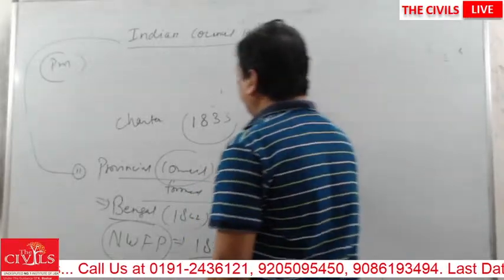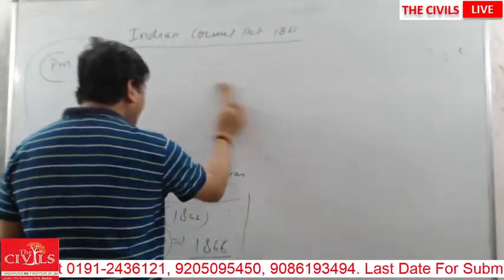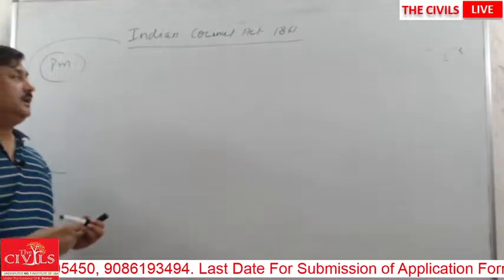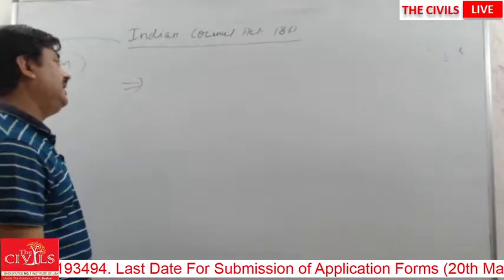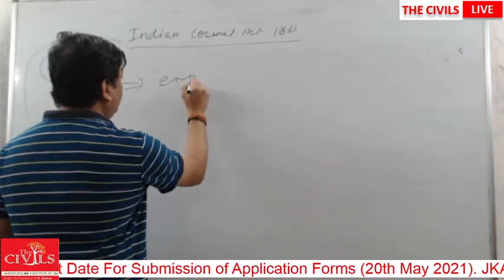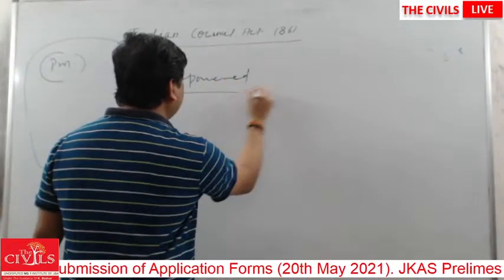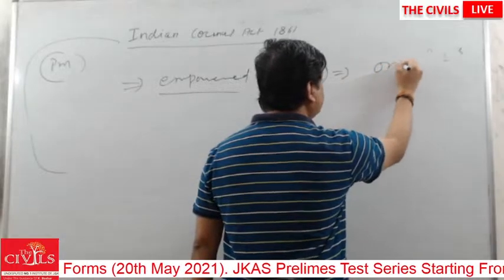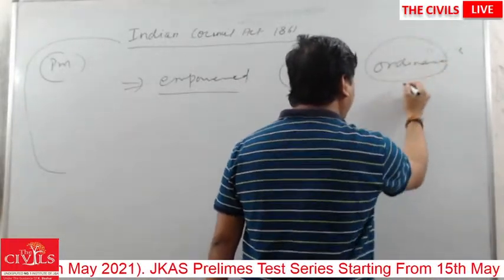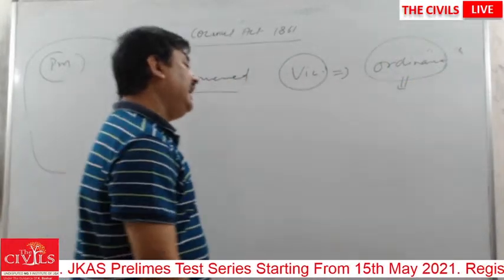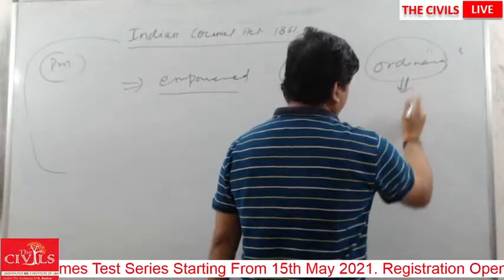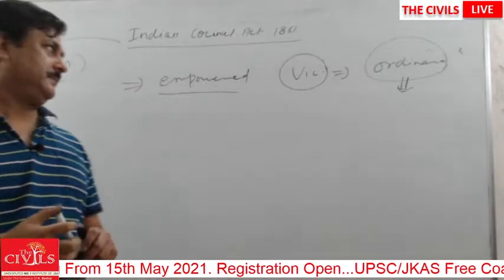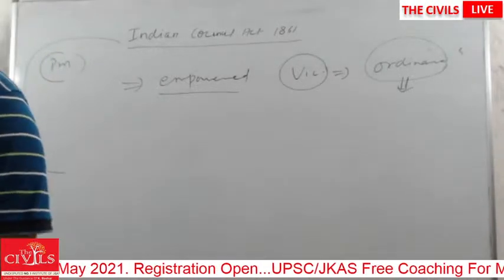We all know Article 123 is related to the ordinance of the President. So for the first time, this Indian Council Act empowered the Viceroy of India to issue ordinances, and we have borrowed this ordinance power of the President, Article 123.